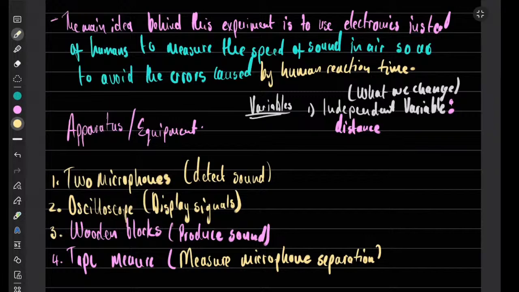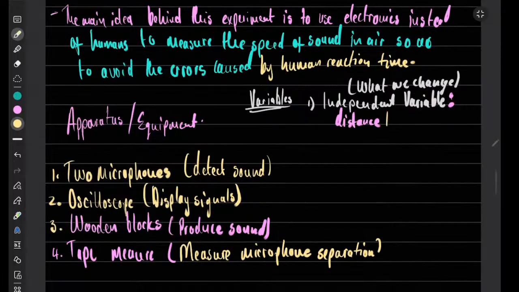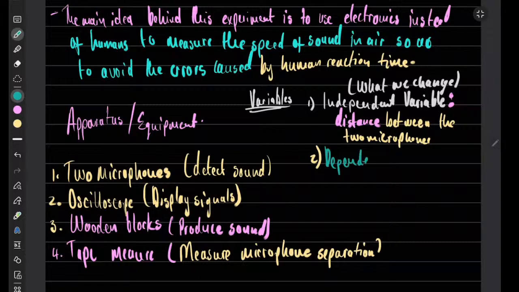If you go to the other one, we said the independent variable is also the distance, but it's the distance between the two people. We change the distance. In here, what we are changing is the distance between the two microphones. But it's distance for both of these two experiments. For both of these experiments, the dependent variable, the one we are measuring, is time.